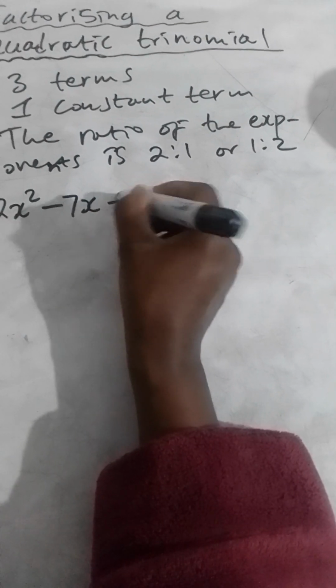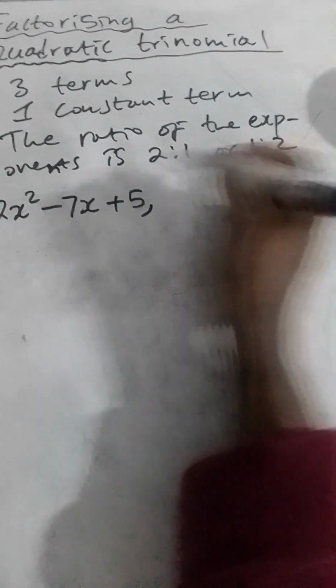So we could have 2x squared minus 7x plus 5. That's one example.